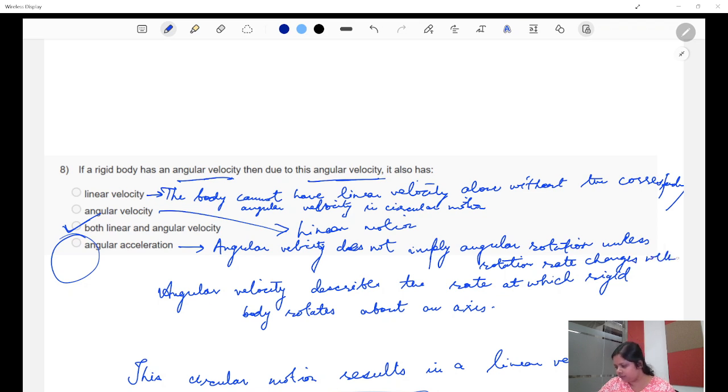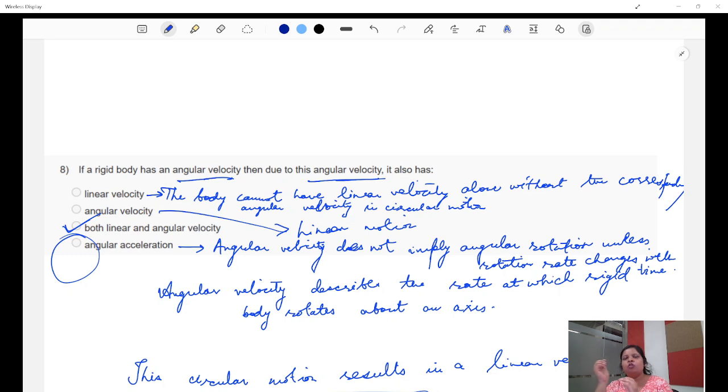Let's say you are rotating your joint with some angle theta, and that theta dot is constant.